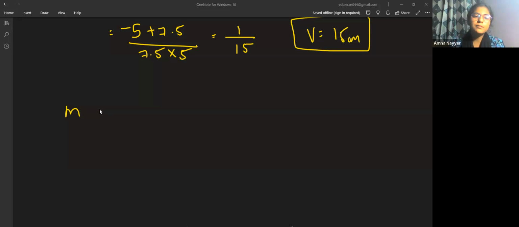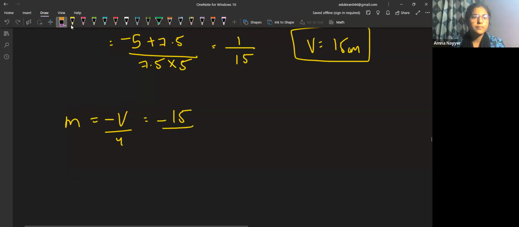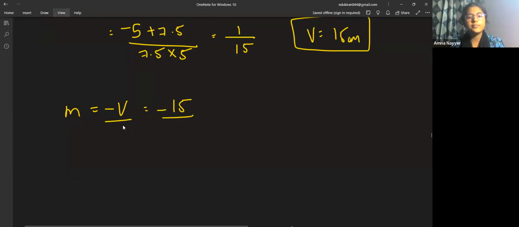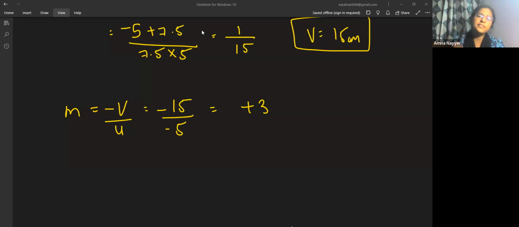So see, this becomes minus V by U. So minus 15, and this is 5 we are having. So this becomes minus 5. So this becomes plus 3. Not 1.5. V by U, 15 by 5 we'll write. Fine. So this is plus 3.